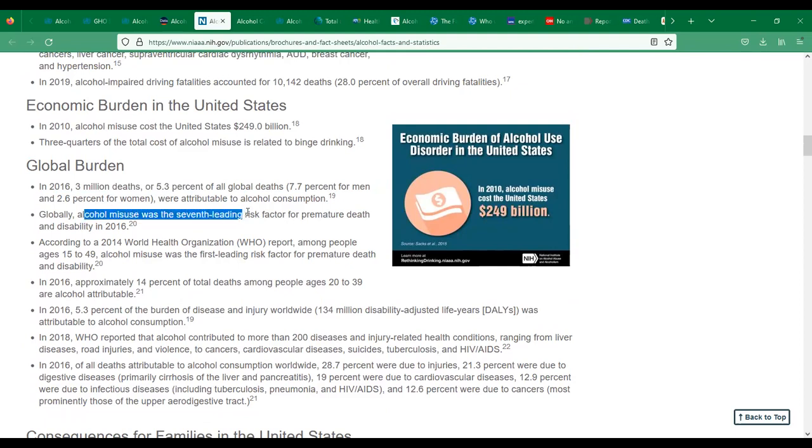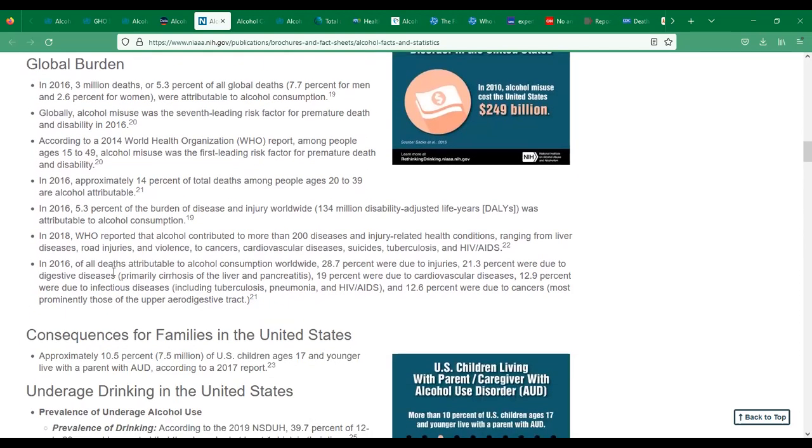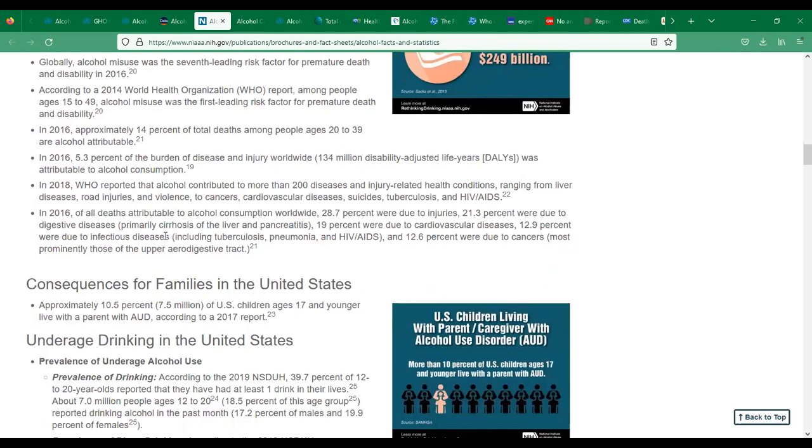So alcohol misuse was the 7th leading risk factor. In 2018, the World Health Organization reported that alcohol contributed to more than 200 disease and injury-related health conditions.